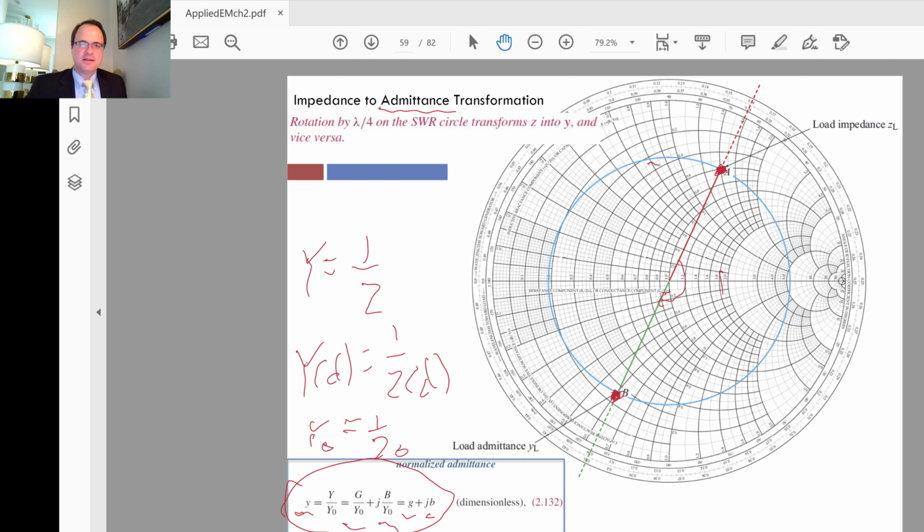So we can get a lot of pieces of information from the Smith chart. I've listed them out several times at this point.